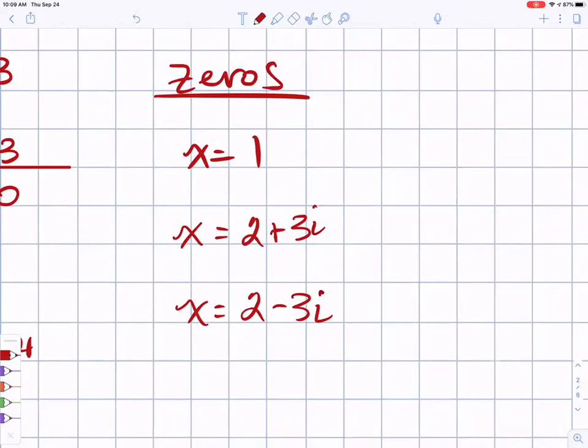So here, yes, I have a list of 3 solutions. I have a list of 3 roots. I have a list of 3 zeros. I actually only have one x-intercept. That first one is a true x-intercept, but the other 2, they're just in my imagination, okay? So they're technically not x-intercepts because you won't ever see them cross over the x-axis, all right?